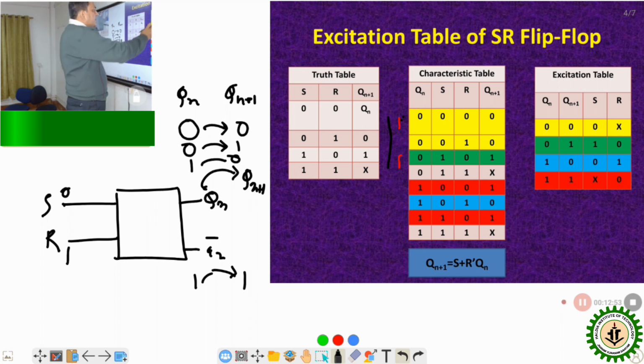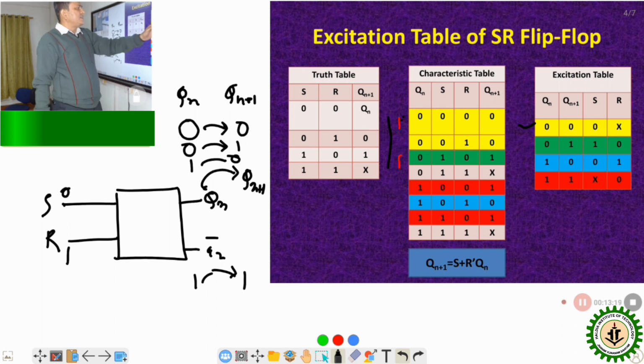For both cases, S is 0, but in the first case R is 0 and here R is 1. That means we will take a don't care term. So the first row is done. For the 0 to 0 transition, S should be 0 and R should be a don't care term.